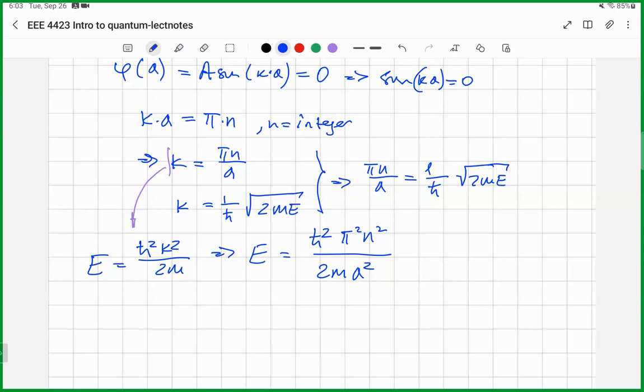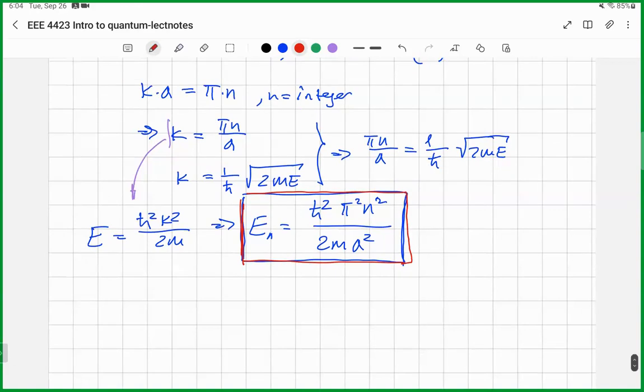Looks good. And now, since this energy depends on n, which is an integer number, like any integer number, I'm going to put this n here to denote the fact that energy now depends on n. Okay, so this is a pretty interesting result, and this is basically the fact that energy is quantized in the potential well, right?